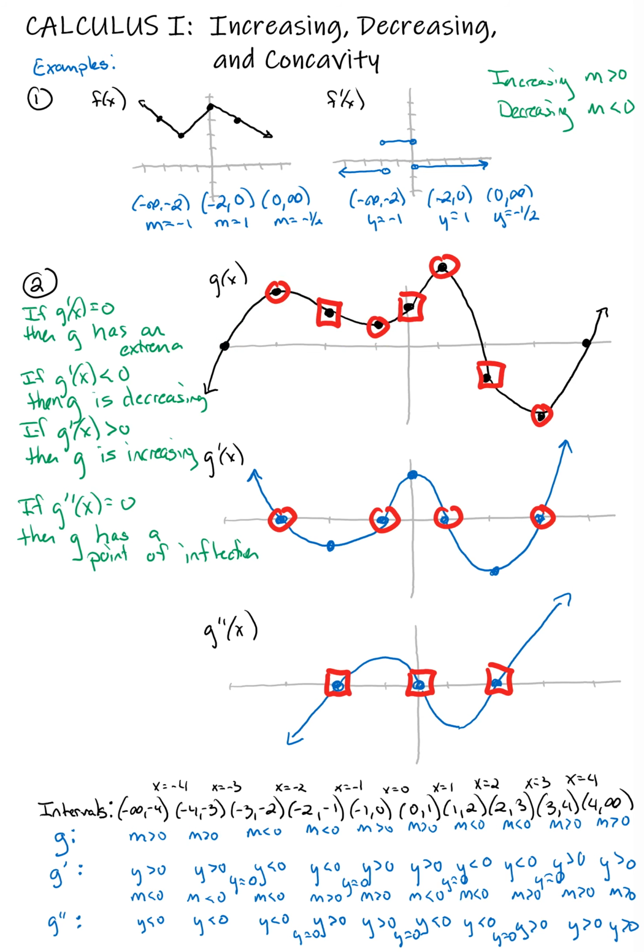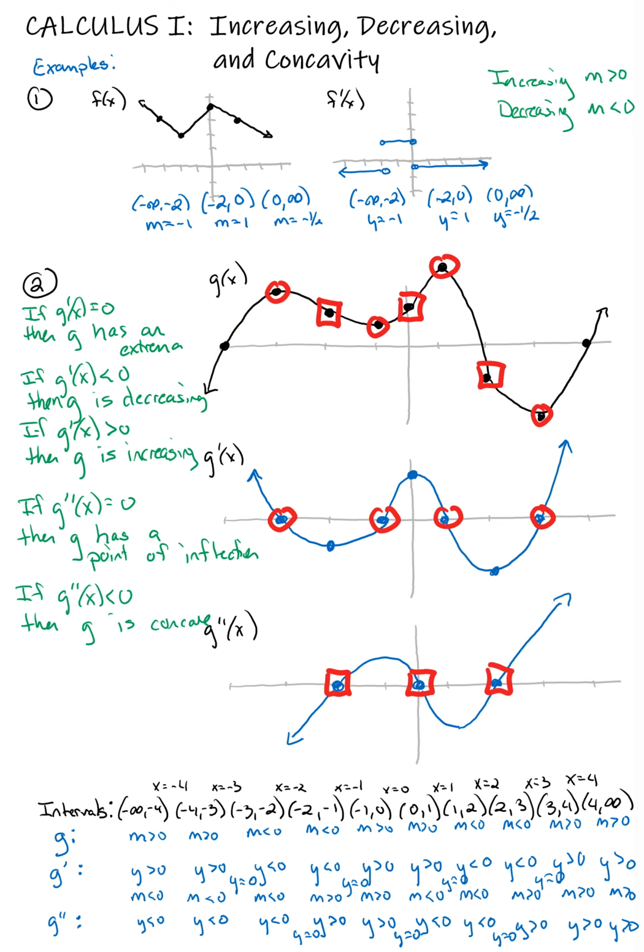And now let's talk about the concavity. So notice when G double prime is negative, G is concave down. So notice it's concave down for the entire time that G double prime is negative.